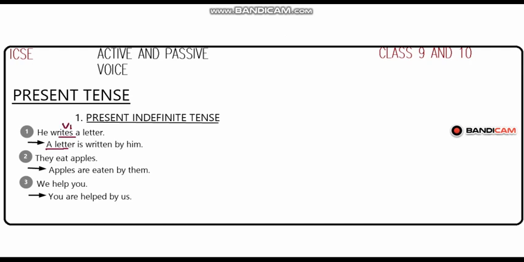We are using the helping verb according to our subject. Our letter is singular, that's why we are using is, and the third form. We must keep in mind that whenever we change from active to passive, we always change the verb into its third form, whether it is present, past or future.